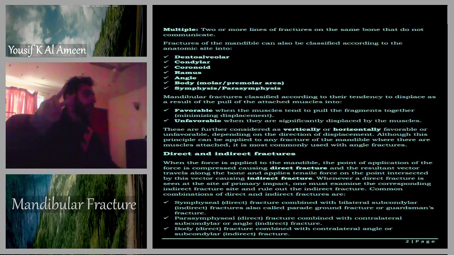There is another type of direct and indirect fracture called the parasymphysial direct fracture combined with the contralateral subcondylar or angle indirect fracture.